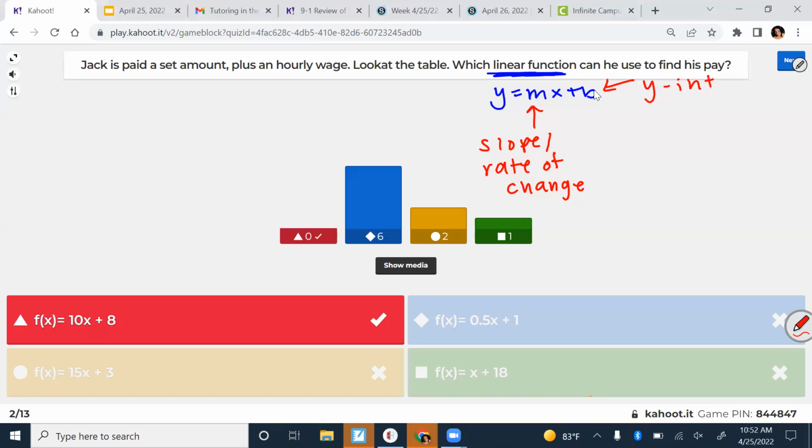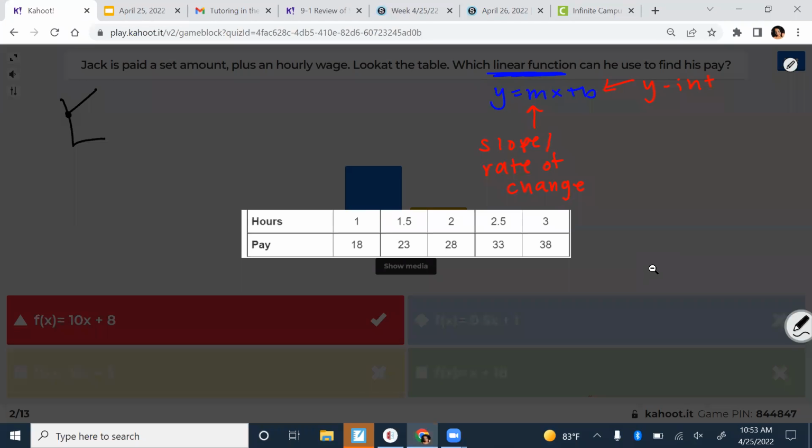So they gave us the data in a table. Sometimes we see the data like in a graph. Well, in that case, my y-intercept would be wherever the graph starts on the y-axis. Since we don't have that, since we have a table, then we need to just know that your y-intercepts are wherever x is 0.